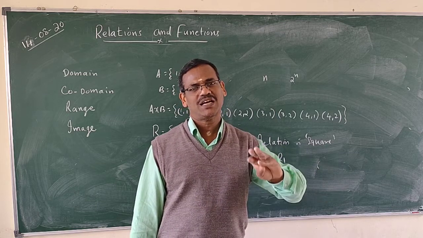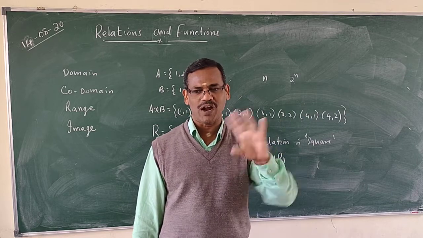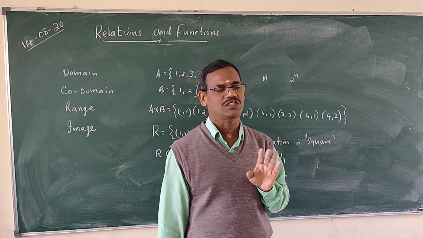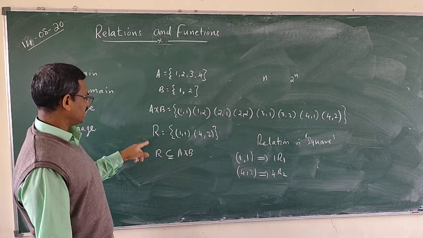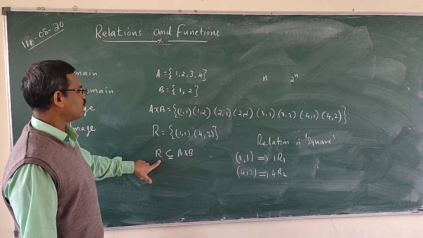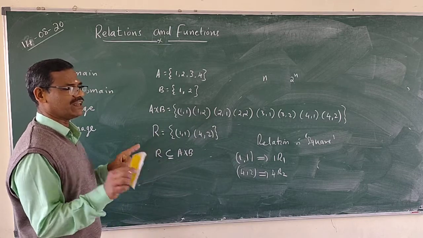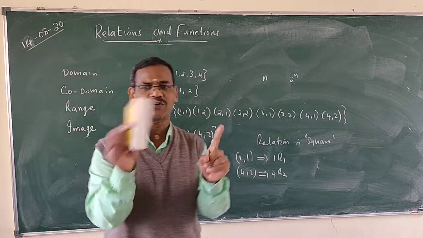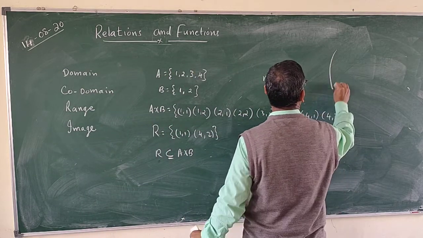So a relation is specific: when you take a particular element, in what way it is connected to the other. And here we define a relation as always a subset of the product set. Why the product set? Because we have two sets, and the elements of the first are connected with the elements of the second.